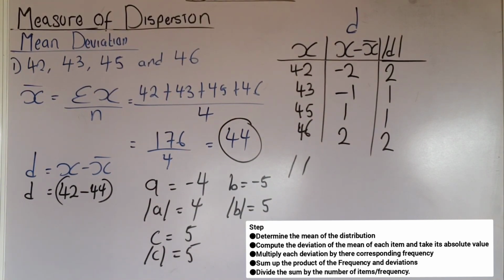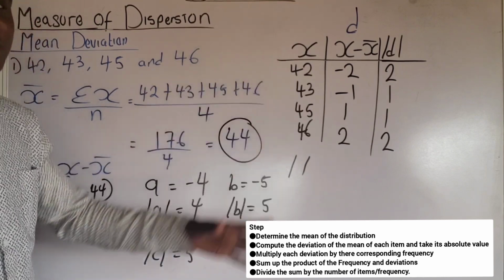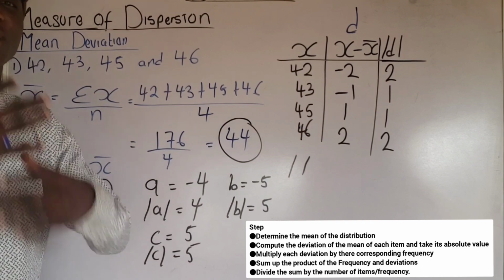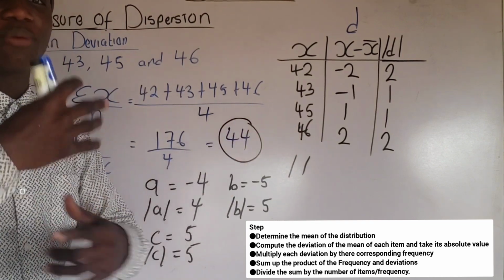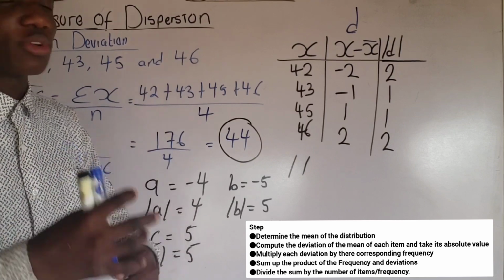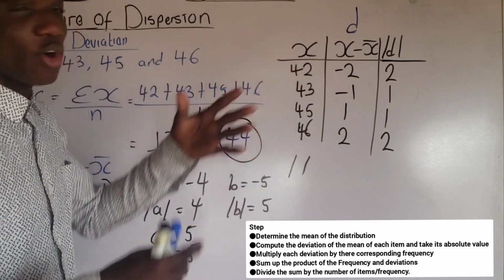Having taken the absolute value of the deviation, the next step is that you have to multiply each deviation with its corresponding frequency. Now, you know that this is ungrouped data, so all the frequencies are 1. Frequency tells us the number of times each sample repeats itself. Now you can see that all the samples occur one time.